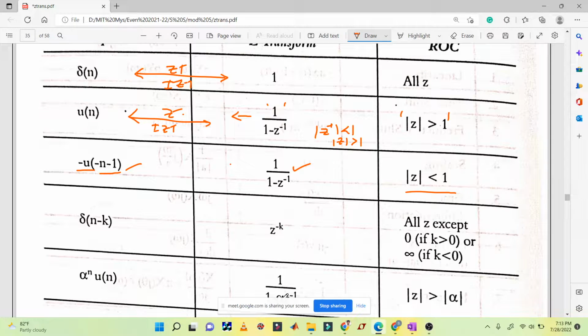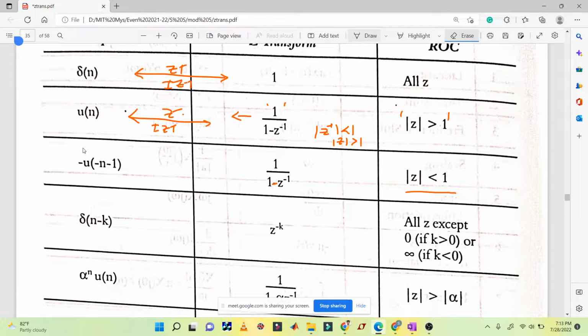Okay, and also you need to remember that here you have minus, then you will get minus here. If you had a plus here, you would have got a plus, sorry, you have minus here, that's why you are getting plus here, plus 1 divided by this one. If you had a plus, then you would have written minus 1 divided by 1 minus Z inverse.